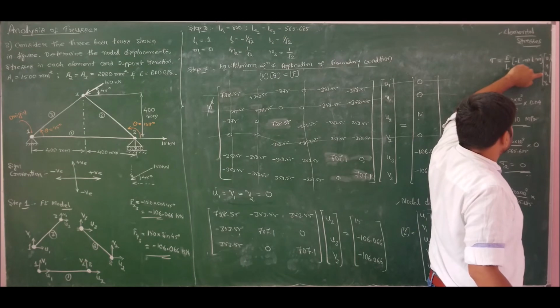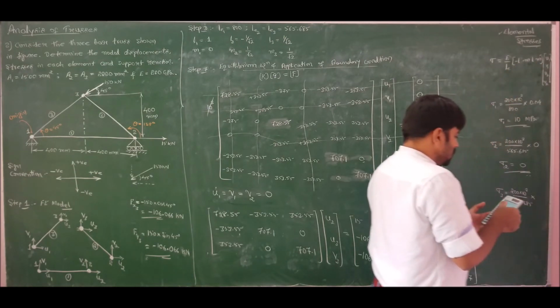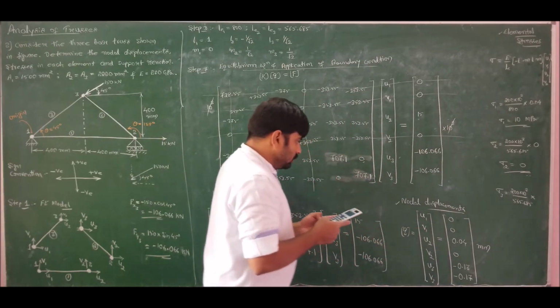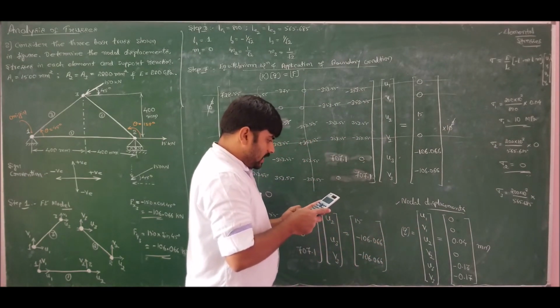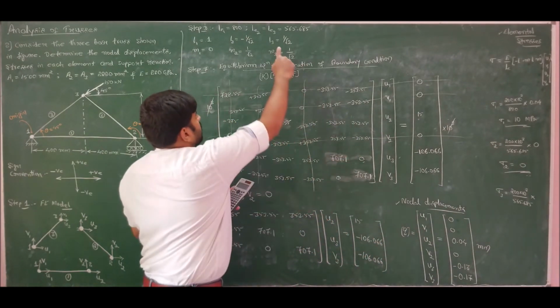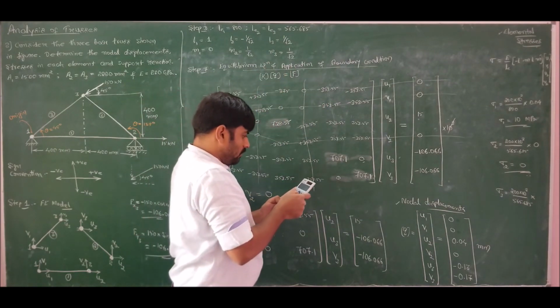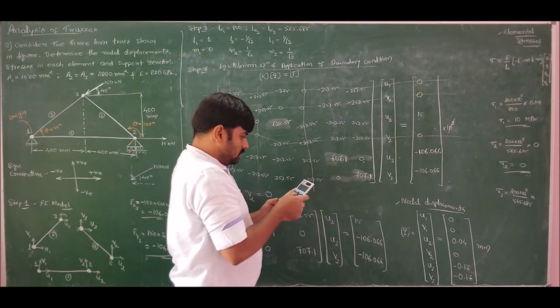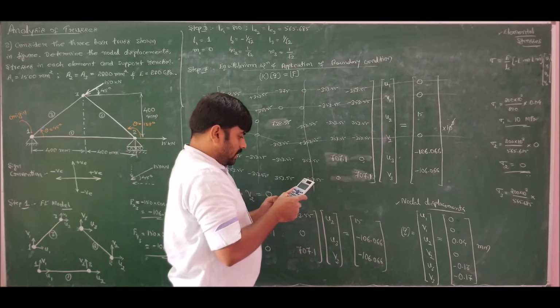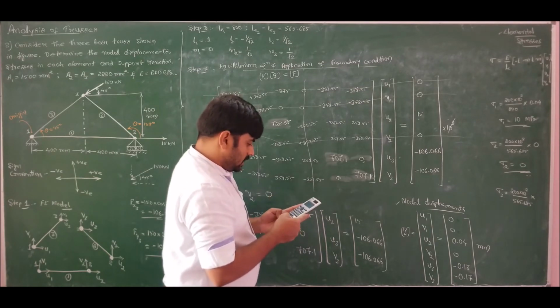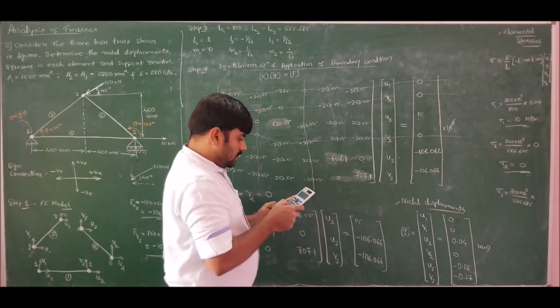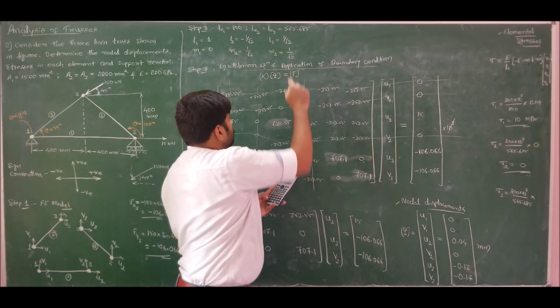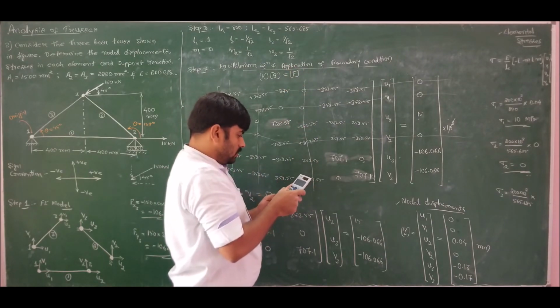We have to deal with u3, v3, which get multiplied with l and m. So u3 is minus 0.13 multiplied with l, that is 1 by root 2, plus v3 is minus 0.17, multiplied with m, that is also plus 1 by root 2.